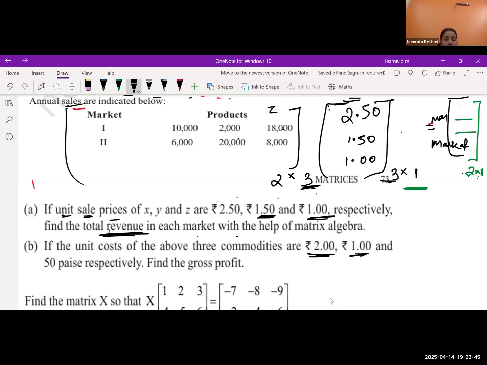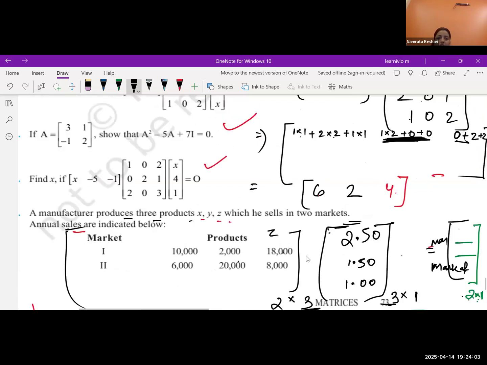Ma'am, 15,000 and 17,000 for market 1 and market 2, right? I need to check what exactly is the. Okay, I will be checking, just a moment. In the book I am checking. So if the unit cost 15,000 and 17,000 you have got after doing multiplication. Yes. Okay, let me check.